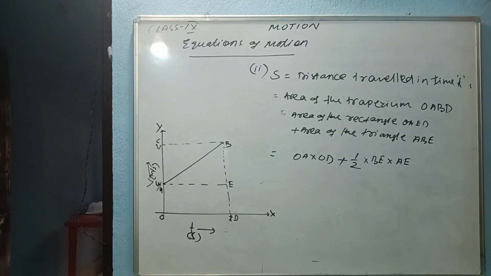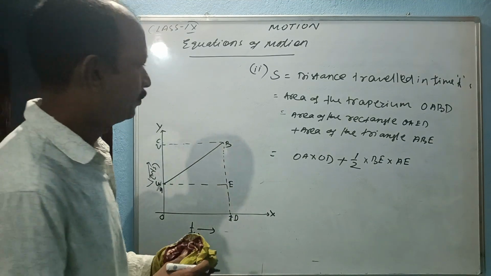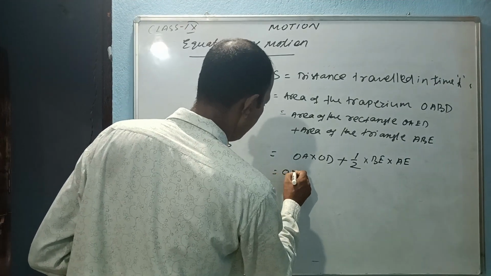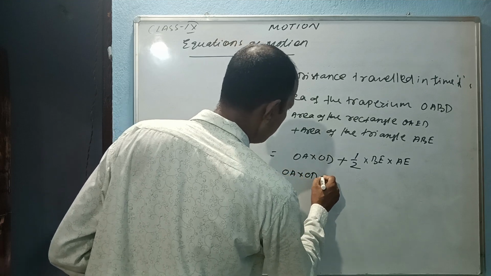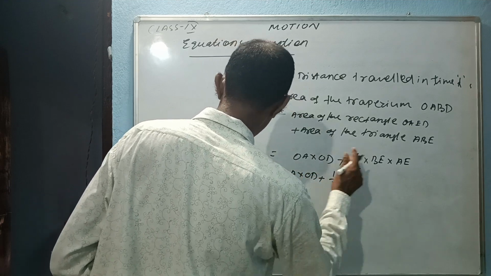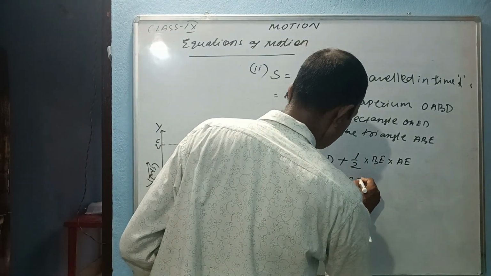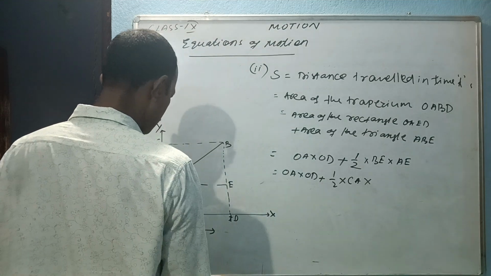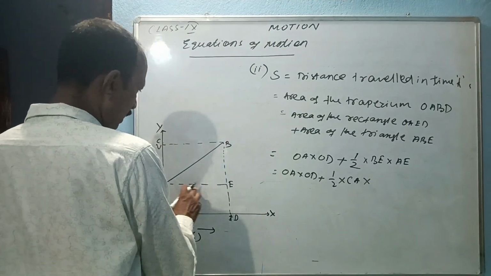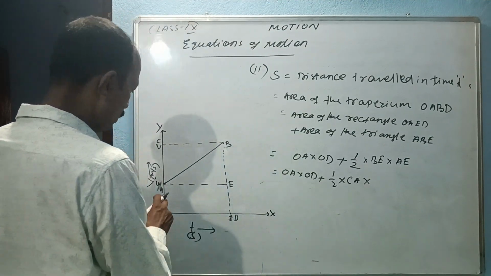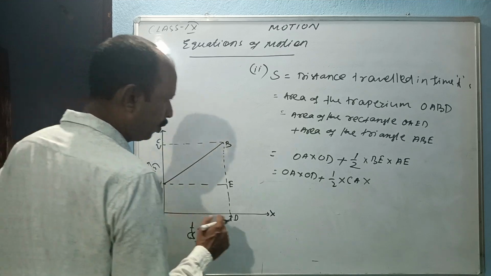Okay. Let us see here. So OA into OD plus half into, in place of BE, I am taking CA. In place of AE, I am taking OD.